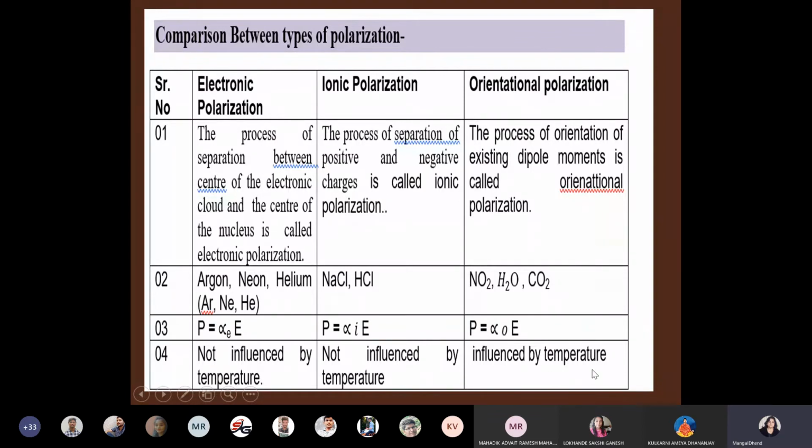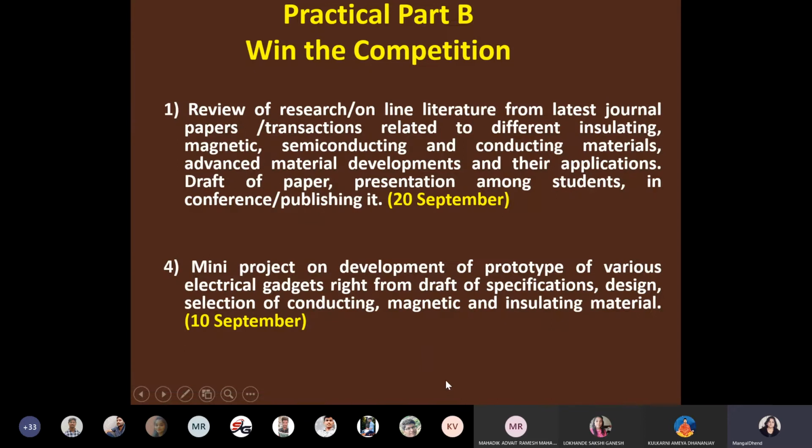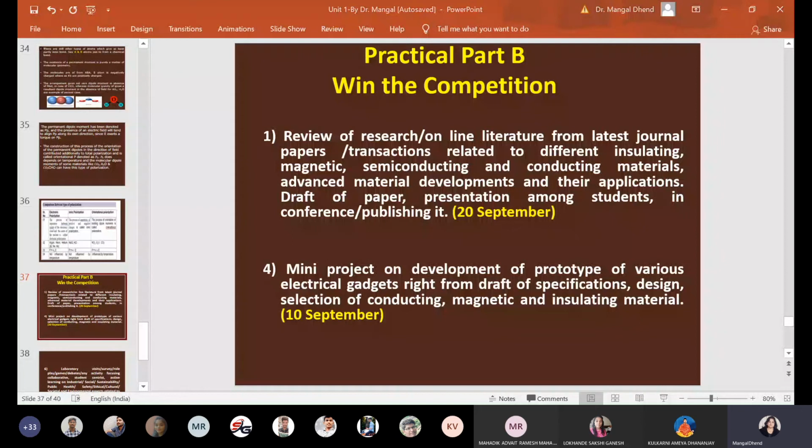So it is influenced by temperature. So remember the difference.